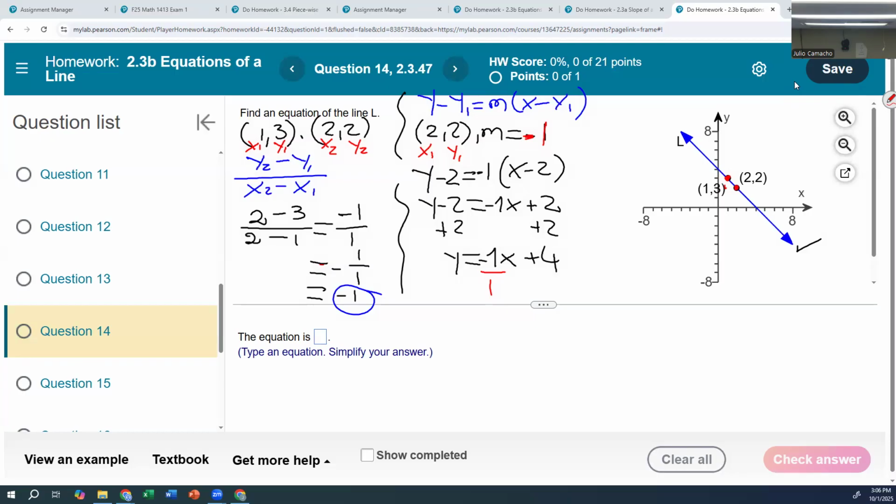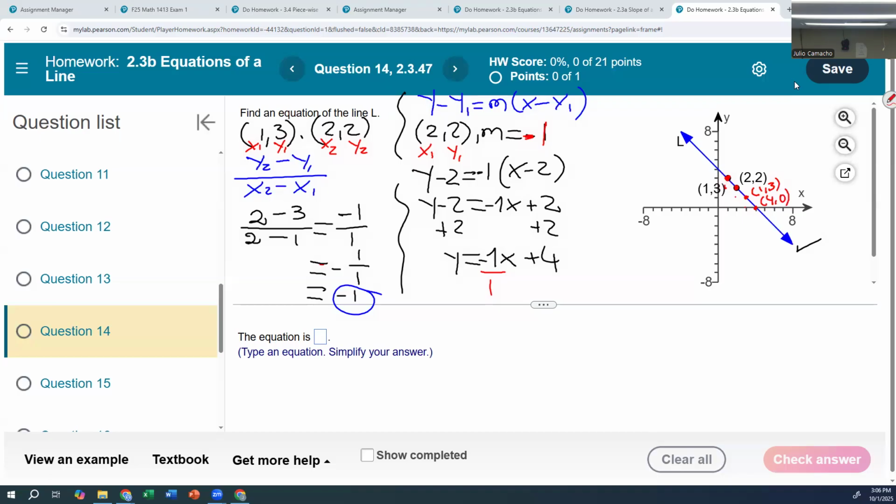And we can keep doing the same thing. We have 2, 2, and then you can go down 1 and run 1, and here you have the other point. That will be 1, 3, and then you go down 1 and run 1, and that is your next point, 4, 0.